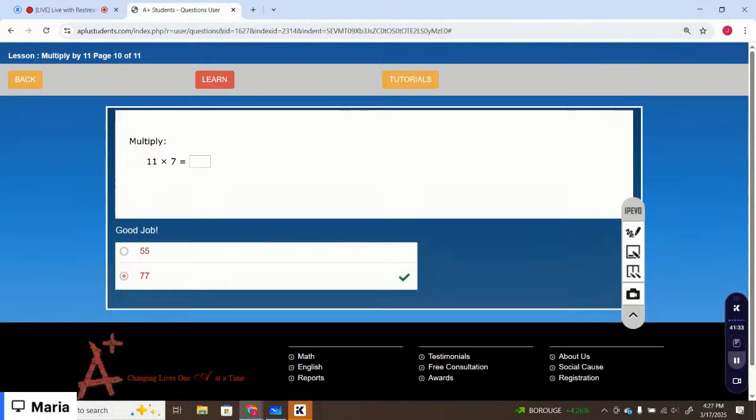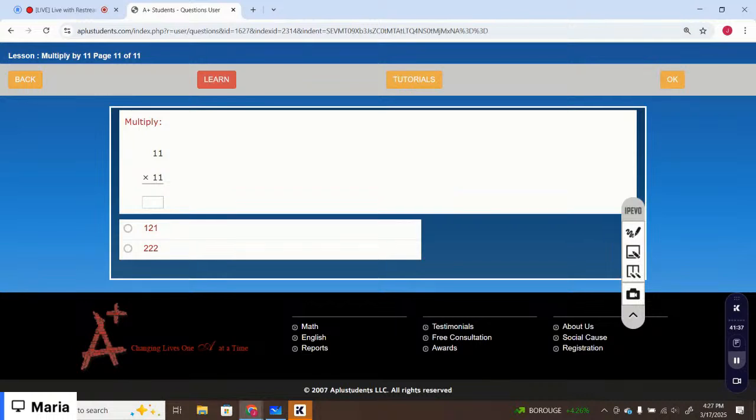Option number 2 is the correct option. 11 times 11 is 121.